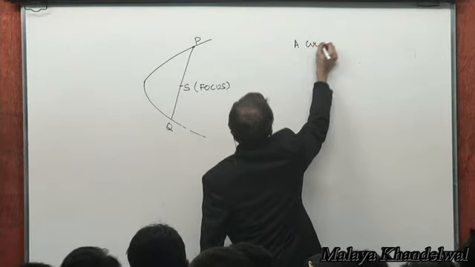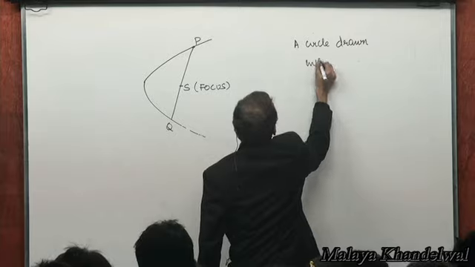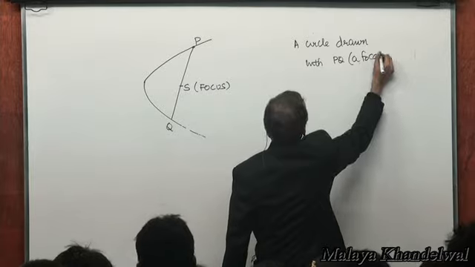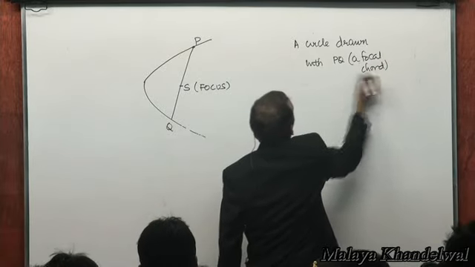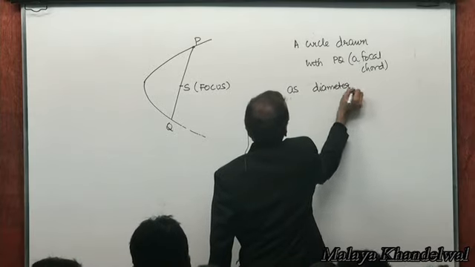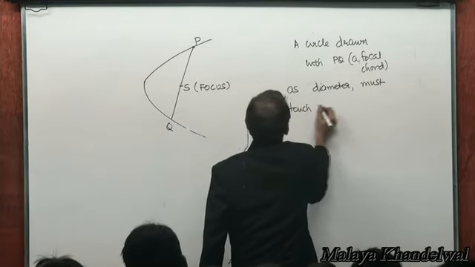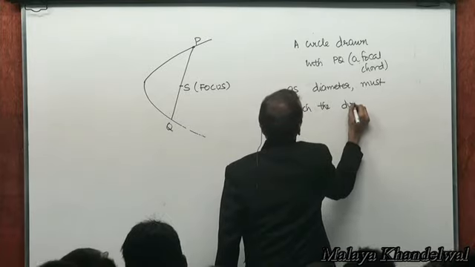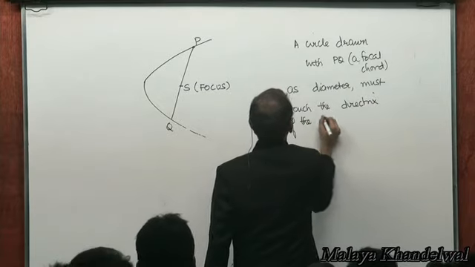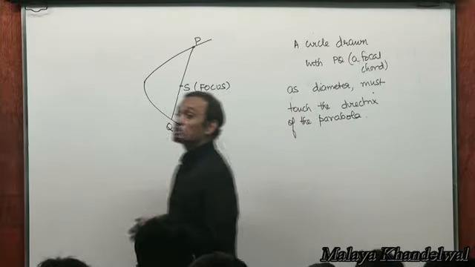A circle drawn with PQ, a focal chord, as diameter must touch the directrix of the parabola.